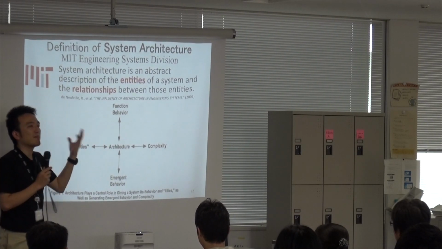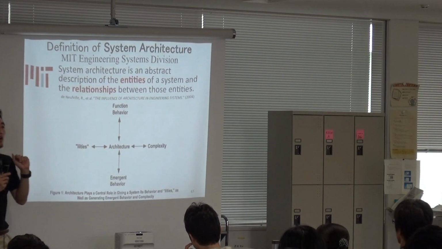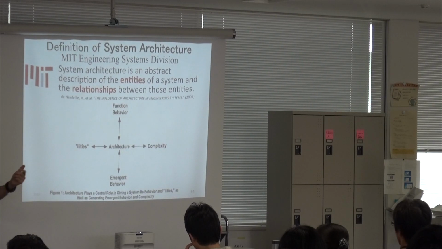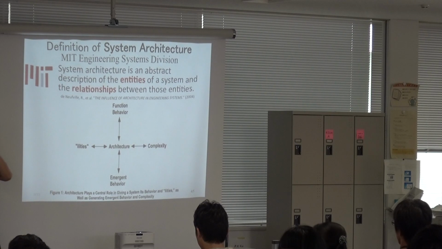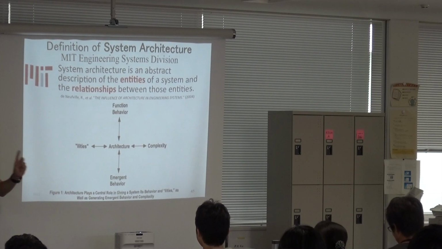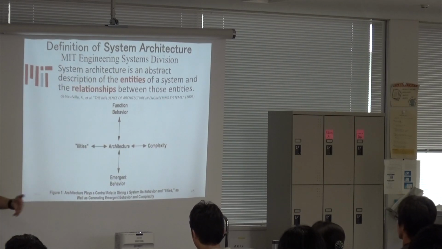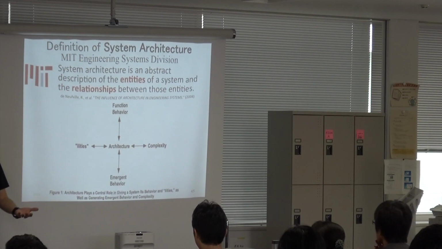So this is a conceptual diagram. Once you define the architecture of a system, it has a great effect on four things of your system. One is function behavior. These are the system behaviors that you design, that you are willing to have.